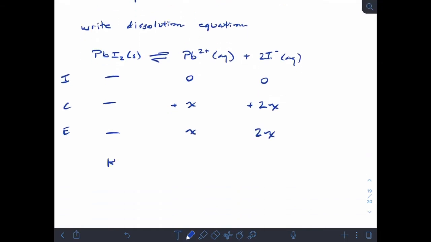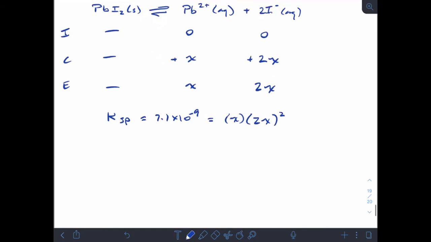So our Ksp is 7.1 times 10 to the minus 9 equals x times 2x squared. So we solve for x to the third here.